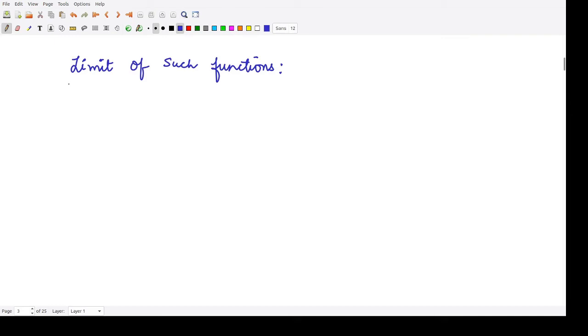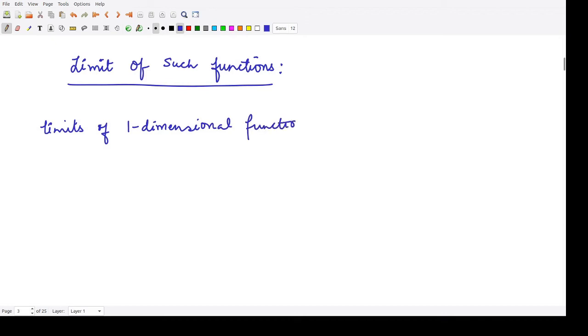Now to study limits, we'll consider the limits of one-dimensional functions, or functions with one variable, as the base. So now if you remember, you were given some point. Suppose this is your y-axis, this is your x-axis, and on the x-axis, suppose you are given this point x naught.